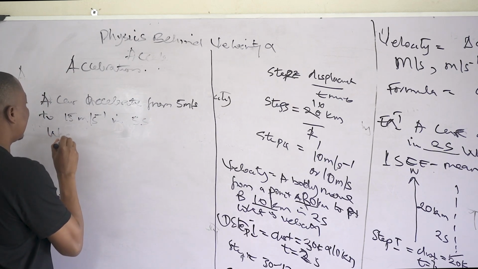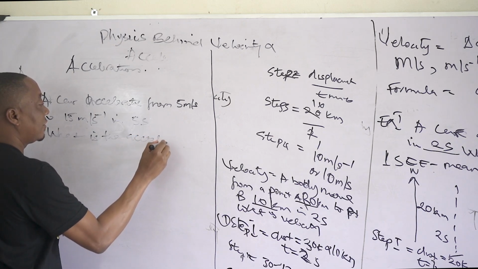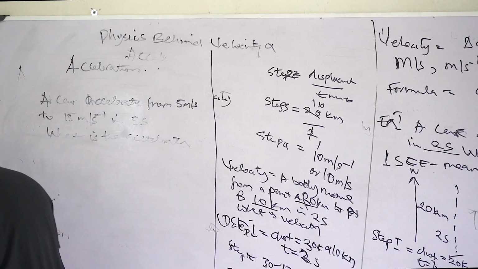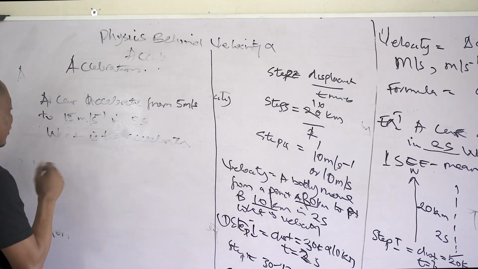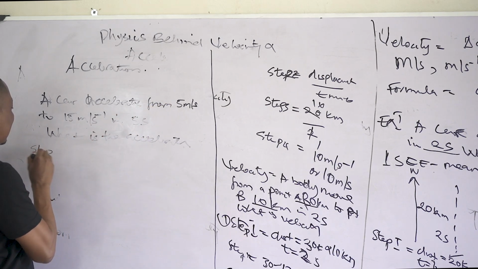What is the acceleration of the car? So in this case, using the step called IC, the acceleration of the car is, we have first and foremost step 1.